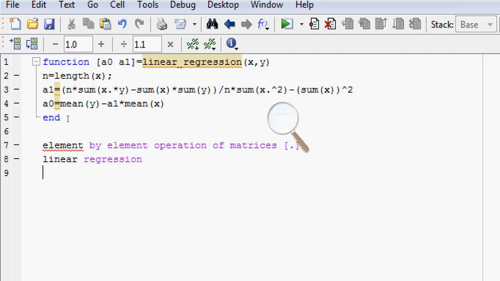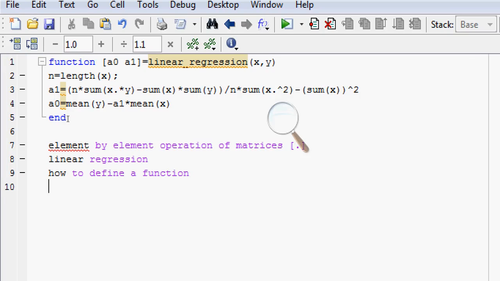Third, how to define a function. Fourth, how to write a script in Matlab. Fifth, how to do plotting.